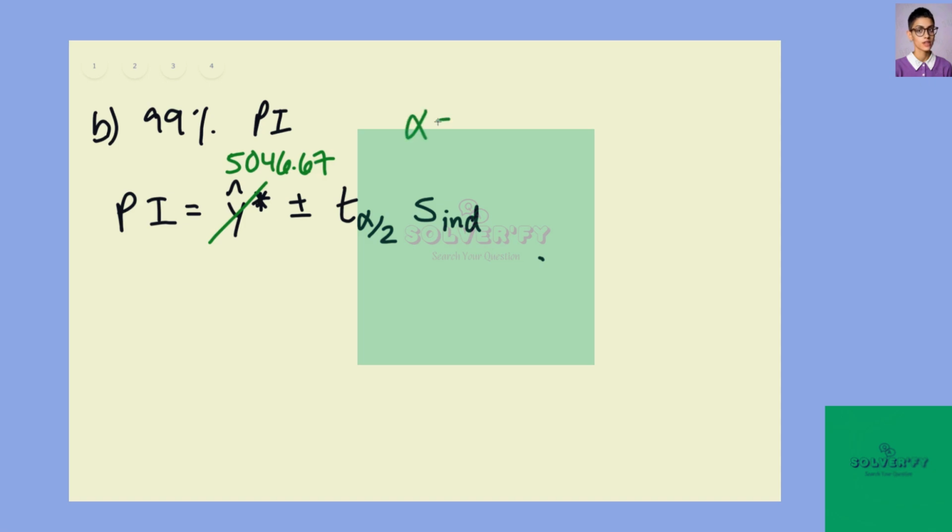Now we need to come up with a t at alpha over 2. Our alpha is going to be 1 minus 0.99, because we are looking at a 99% interval, which is equal to 0.01. So alpha over 2 is 0.005. We will come back to this part later.